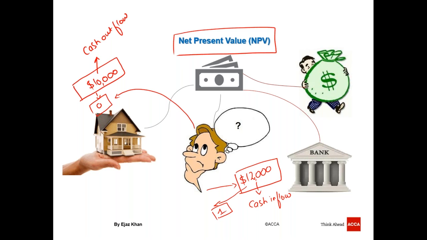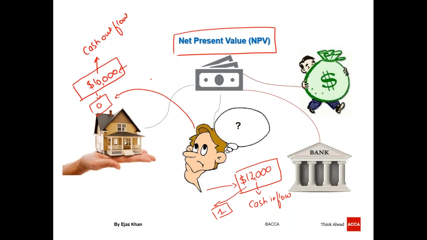And if we look at it from Mr. A's perspective, or let's take it from a company's perspective, the company is required to invest $10,000, but as you know, every company is considered a separate legal entity from its investors.